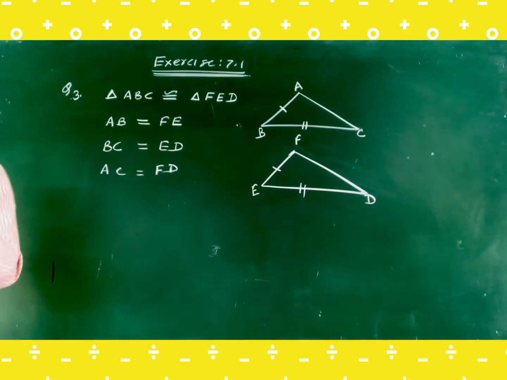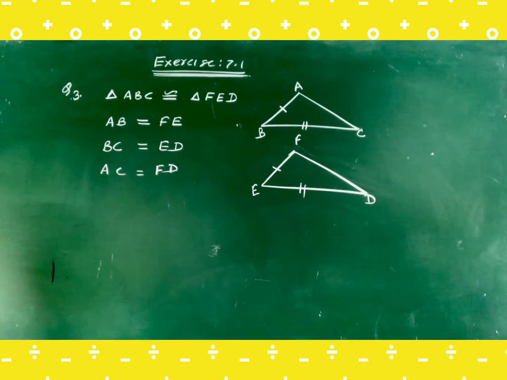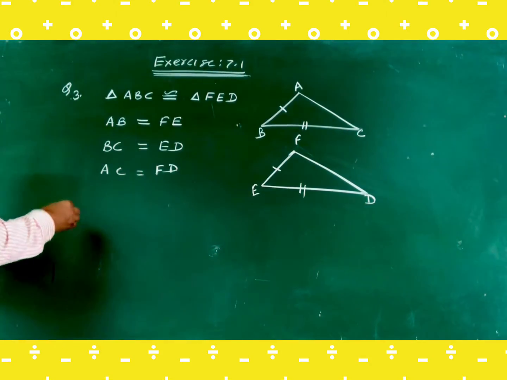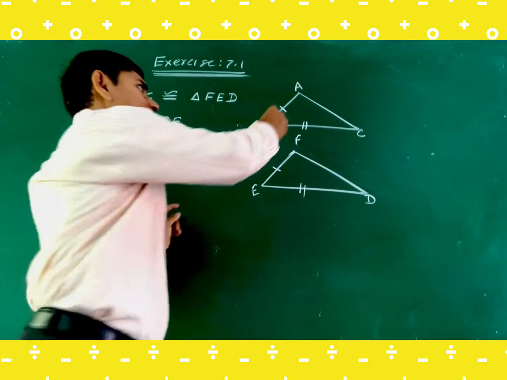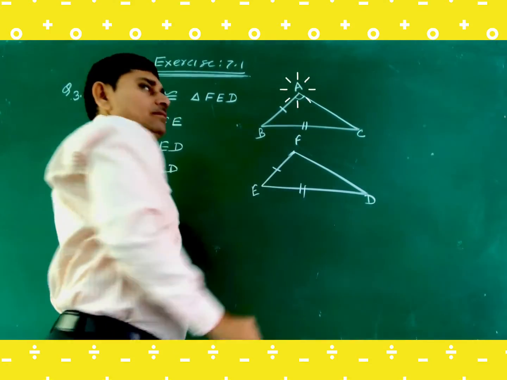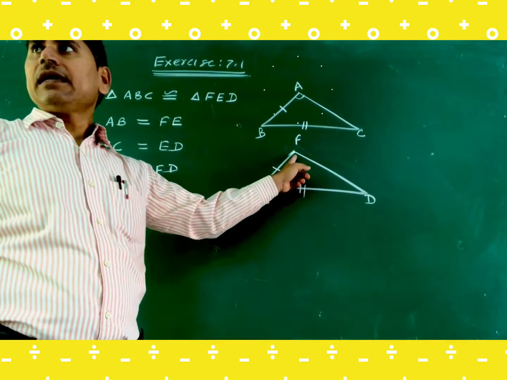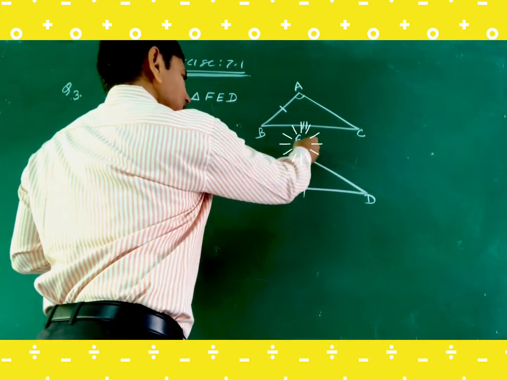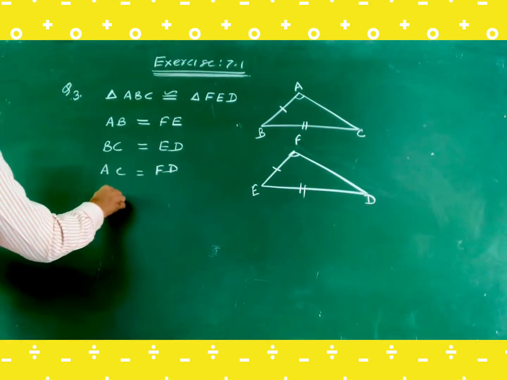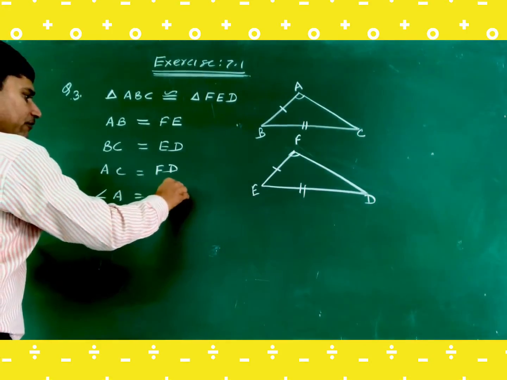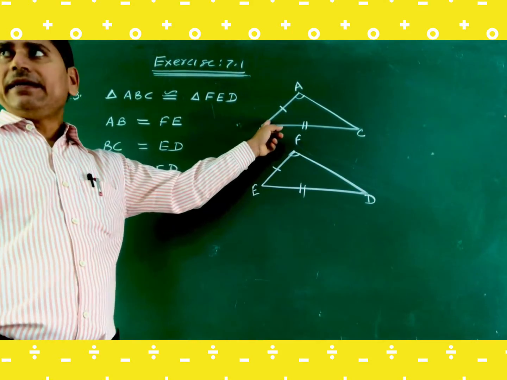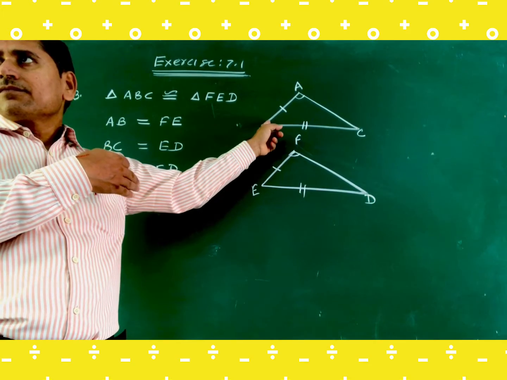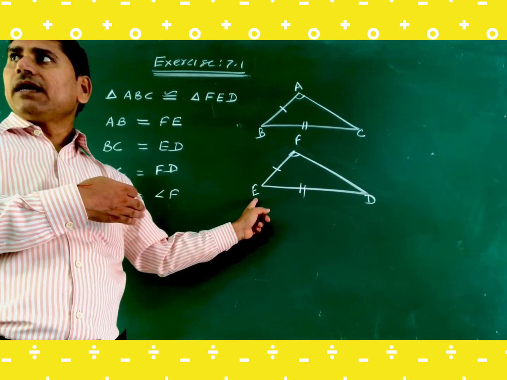After that, moving on to the other things, the angles. So what is the corresponding angle? See here. This angle at the top vertex is A, and this angle is F. So angle A is always equal to angle F. After that, the second, left corner, and here is the left corner.